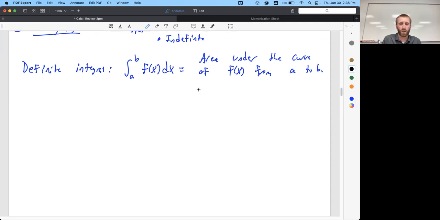So if I have a little picture here and I have this function f of x, so this is x, this is f of x, then this definite integral is going to give you the area under the curve.